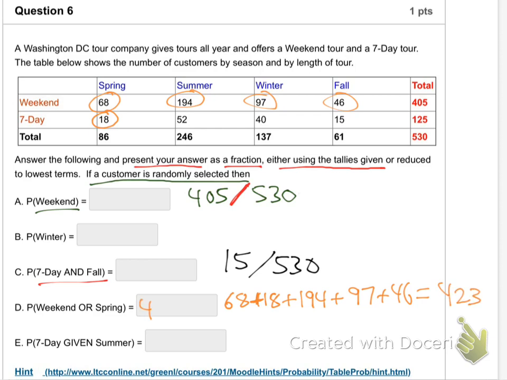So that would be then 423. Change colors for clarity here. So that would be 423 out of 530. Does that make sense what I did there? I just added all those up. There's 423 total people that traveled on the weekend or in the spring. All those ones I circled.